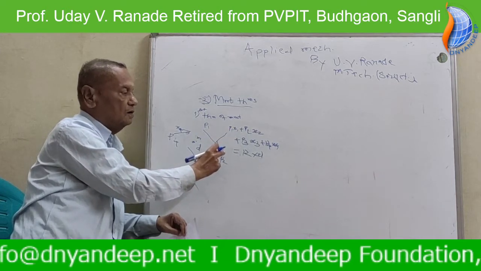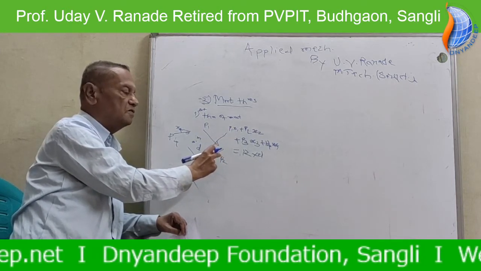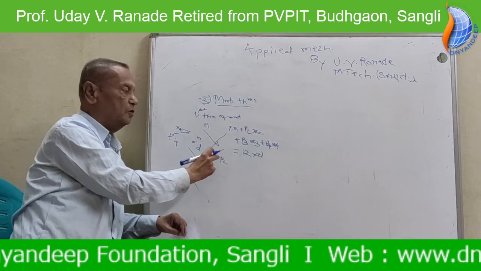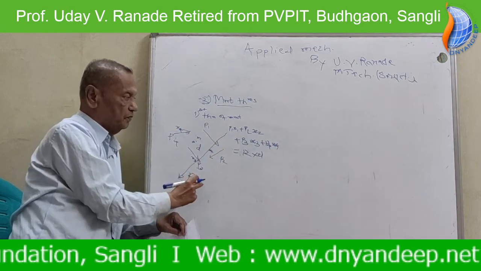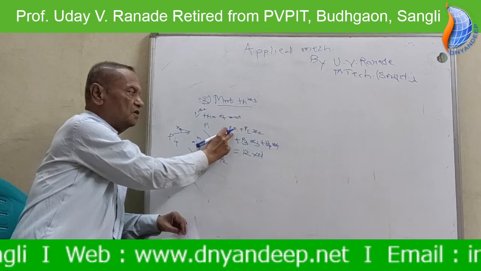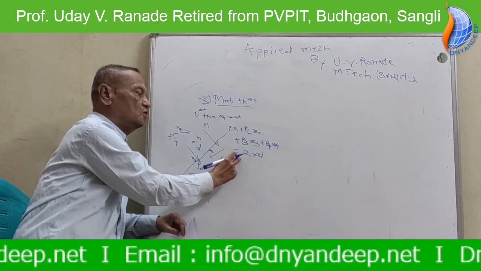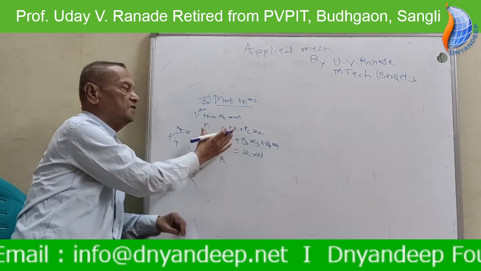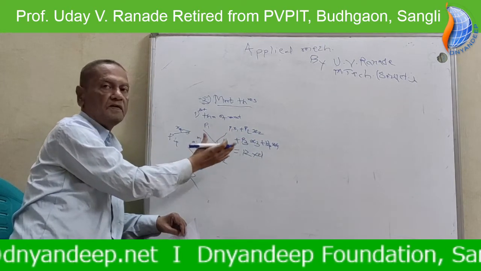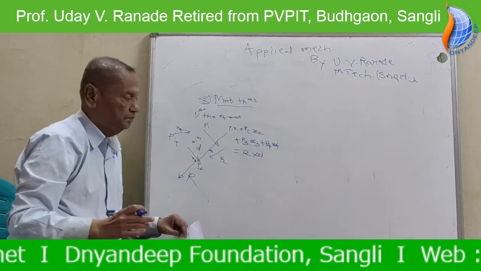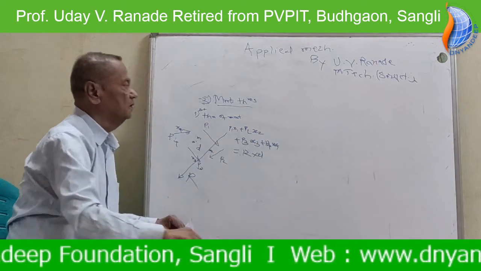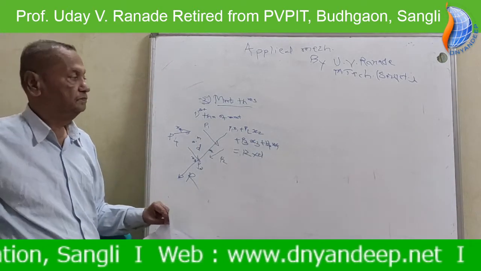Whereas for R, the resultant, its perpendicular distance from point O is D. So P1 x1 plus P2 x2 plus P3 x3 plus P4 x4 is equal to R into D. Left hand side is the summation of moments, right hand side is the moment of the resultant. This is the first theorem of moment.